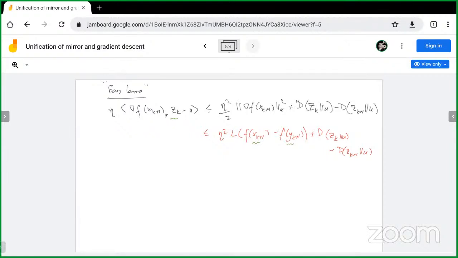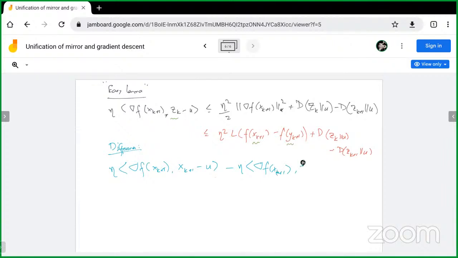The difference on the left side is eta times the gradient. Remember, zk was a linear combination.